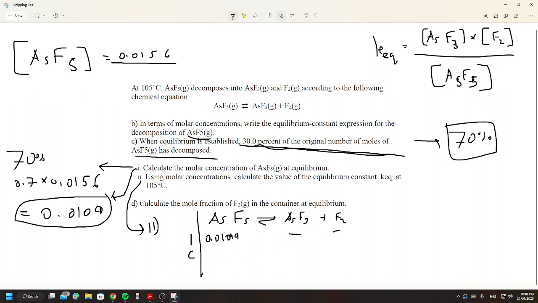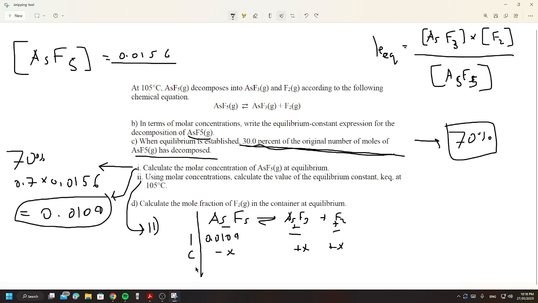And then for the change, this one was consumed to make these two. So minus x, plus x, and plus x. And some of you may ask, how do we know in this case if it's minus x or plus x for the ASF5? Here they didn't give us the concentrations of ASF3 and F2, therefore they haven't been formed yet.